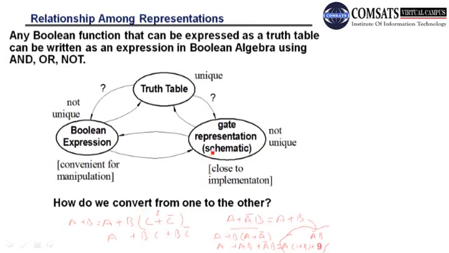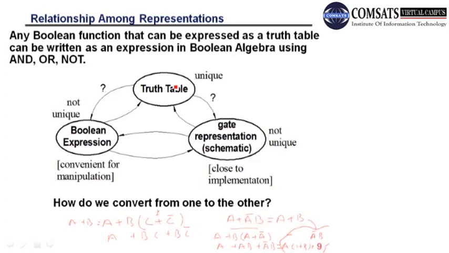You can draw a circuit with 10 gates performing a certain functionality, but you can draw the same circuitry with a smaller number of gates performing the same functionality, right? So it means that gate representation is also not unique, but we will always have a unique truth table representation, right?